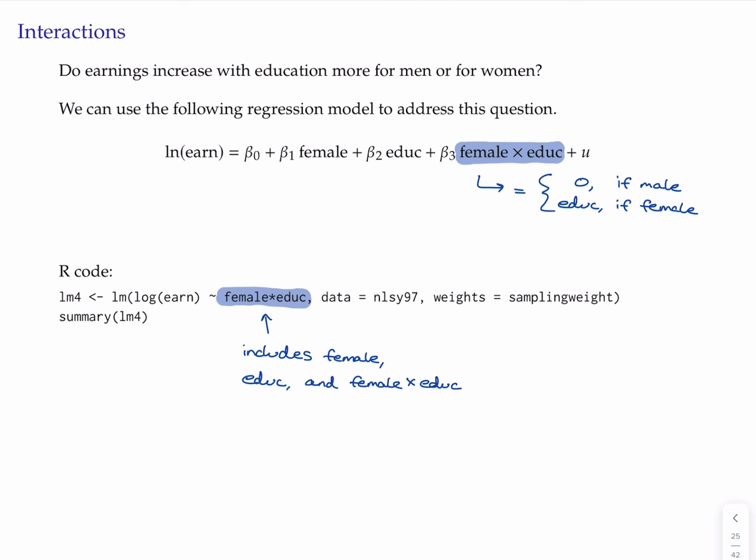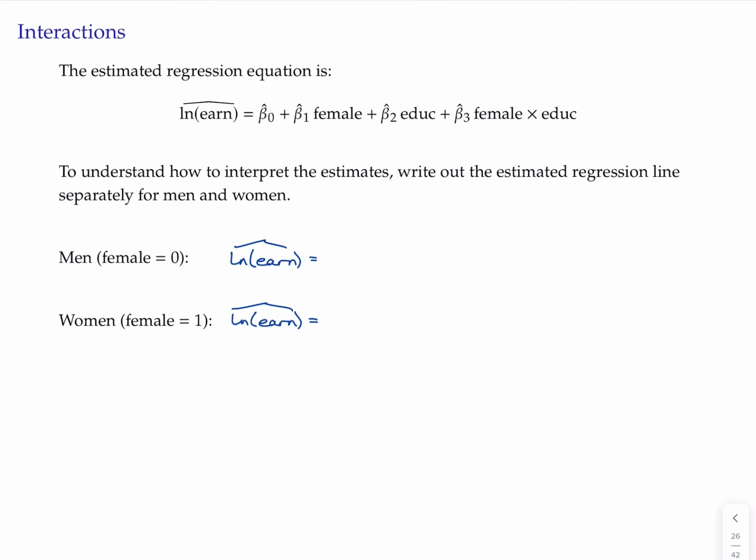Okay, we'll do one more thing here. When you get this estimated regression equation, so we've got the beta hats on here and then predicted log earnings here, to understand what's going on here, plug in female equals 0 to get the estimated regression line for men, plug in female equals 1 here and here to get the estimated regression line for women. For men, pretty straightforward.